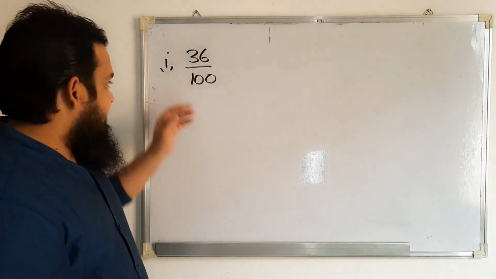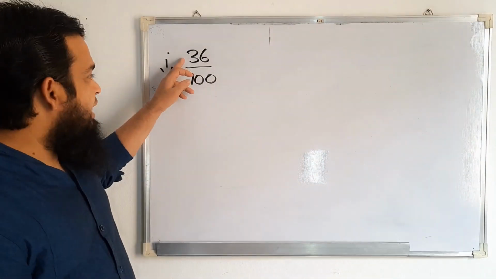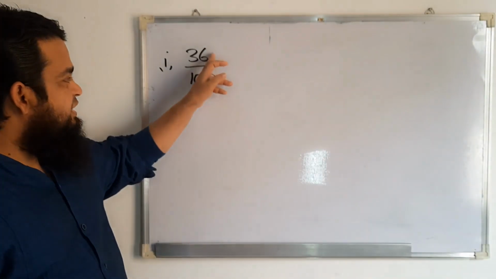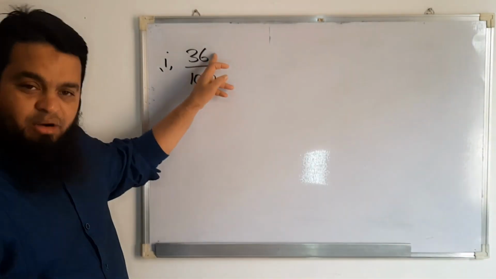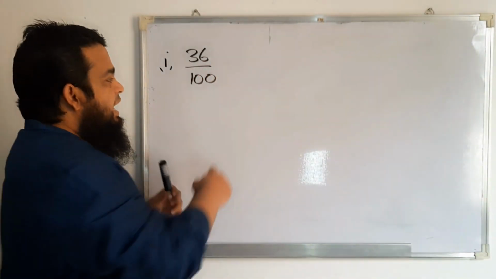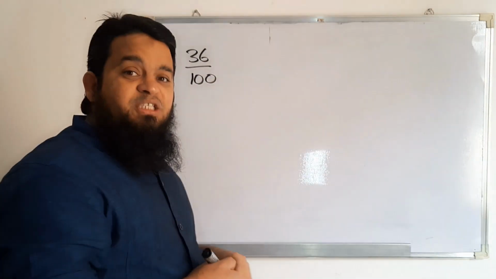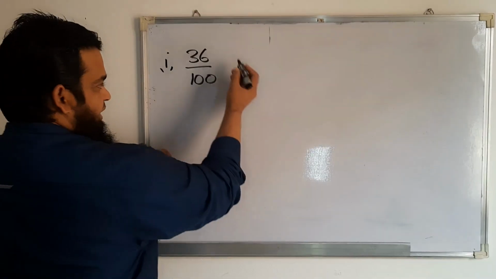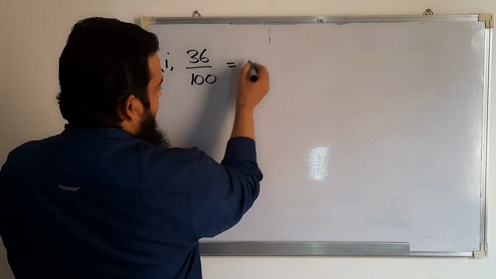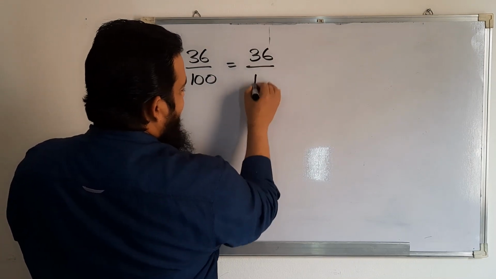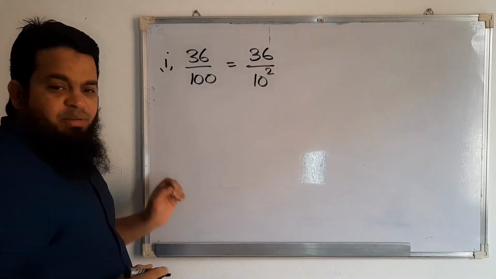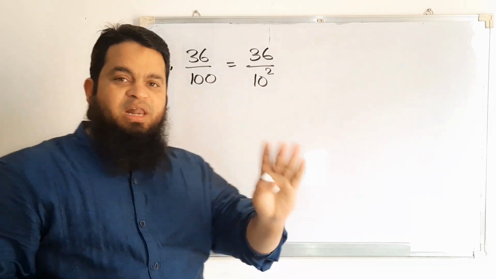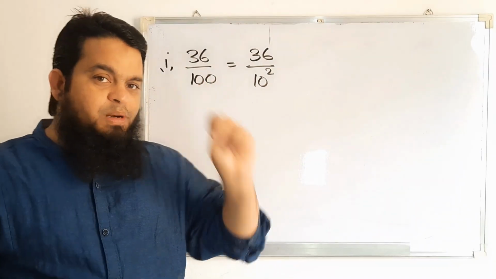Suppose for example 36, it's a whole number, so the decimal is on the right side. We are dividing by 100, that means 2 powers of 10. So I will write 36 by 10 square. That means the decimal will move to the left 2 places.